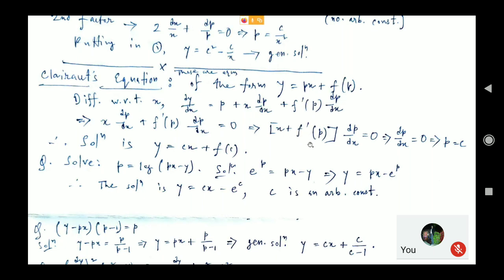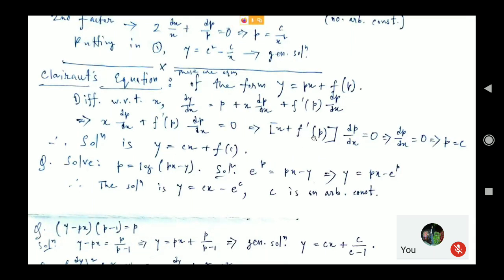X plus f dash p, this expression cannot be equal to 0. What is the reason? Because for this expression to be 0, what should you have?